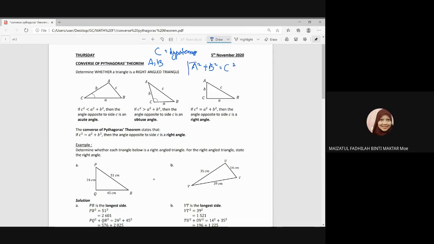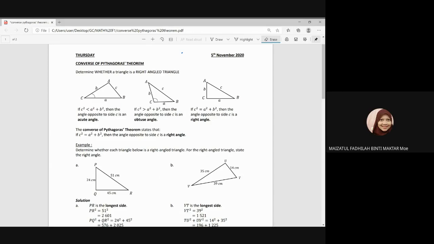Or, A square plus B square, square root, equals C. This is also the same, because the power of 2 I give to the other side. So we can use both formulas to determine whether the triangle is a right angle triangle or not. I hope you remember that, but please make sure you first define which side is the hypotenuse. Then we know the formula that we want to use.